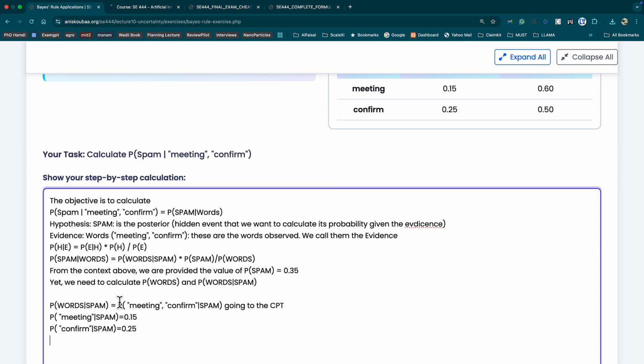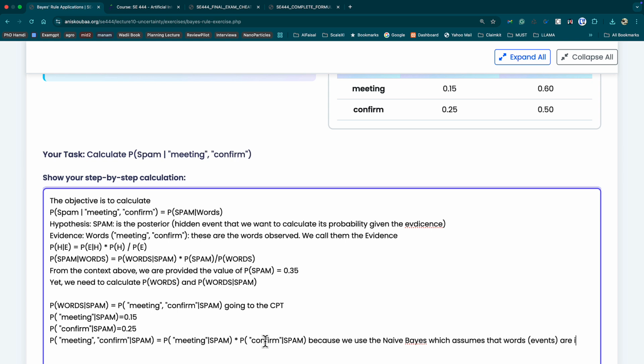Now, if I want to calculate this, it is equal to the product. What is the reason for writing this? Because we use naive Bayes, which assumes that words or events are independent.